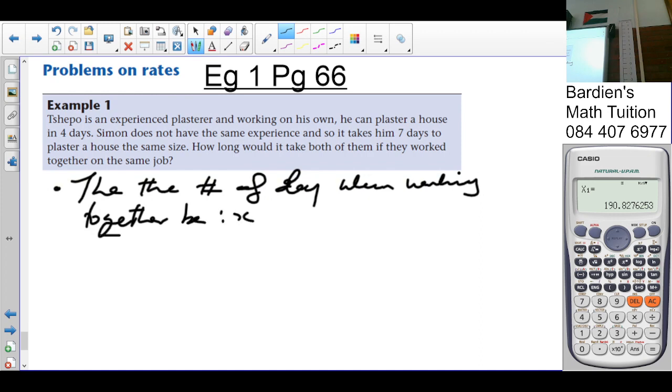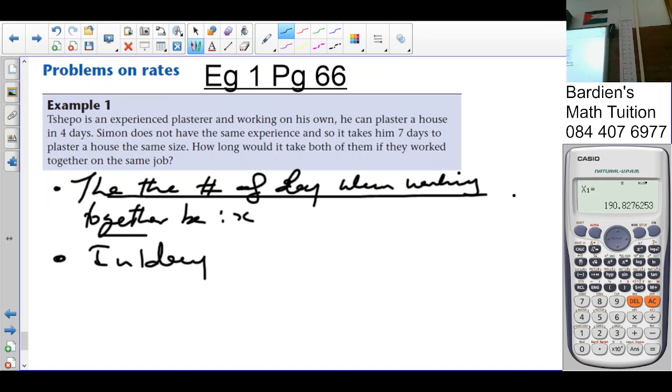Let the number of days when they're working together be X. So if you look at the first plasterer, in one day, how much of the job can he do in 1 day?